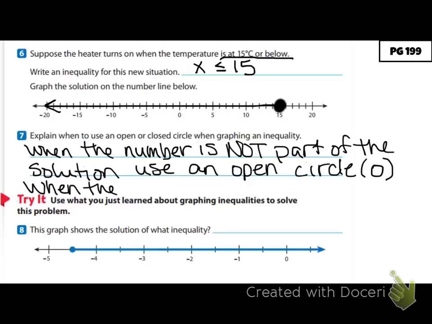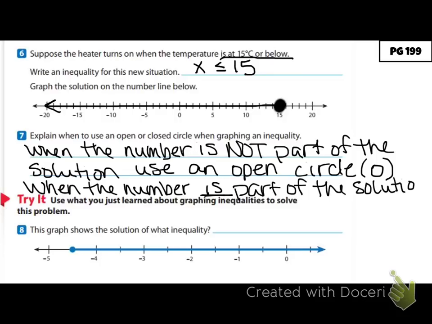When the number is part of the solution, you use a closed circle. So we would do a closed circle like that.